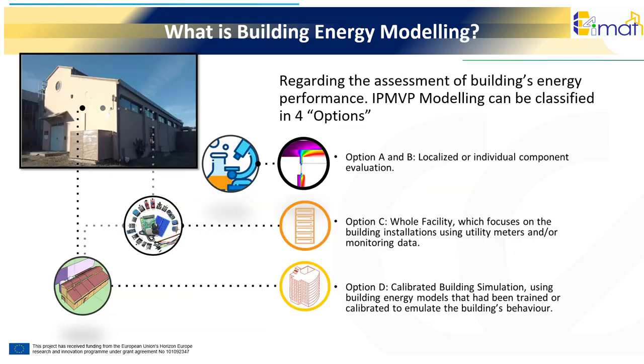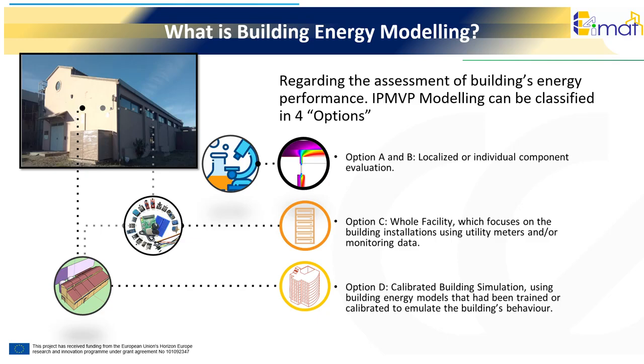The International Performance Measurement and Verification Protocol, IPMVP, structures the procedure of performing energy measurements and building energy modeling in 4 different categories, or options, which are based on the scope of the model regarding its application and energy performance assessment. Options A and B, labeled as retrofit isolation, narrow down the measurement boundary to an individual system.